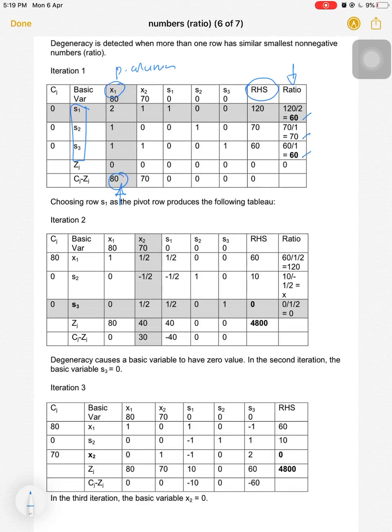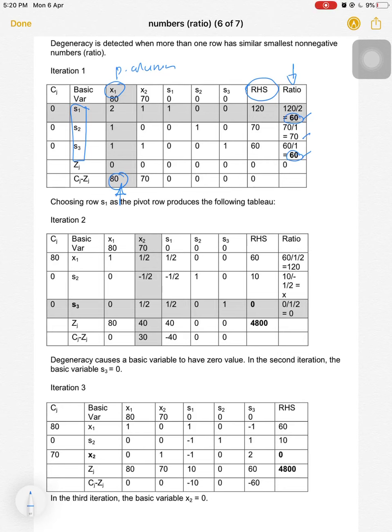To identify the pivot row, which means the variable that will leave the column, we choose the smallest non-negative number. Here we have two smallest non-negative numbers, 60 and 60, so you can choose either one.